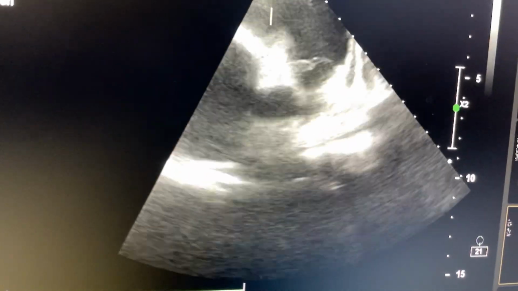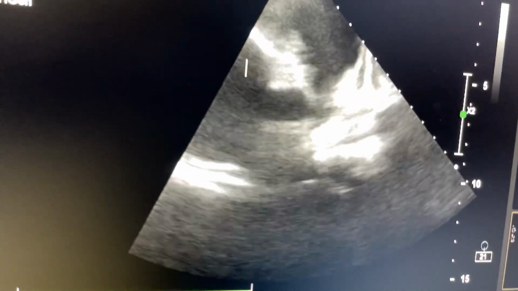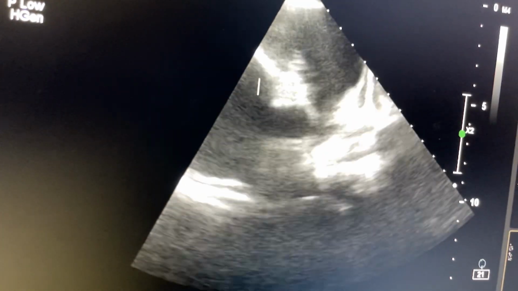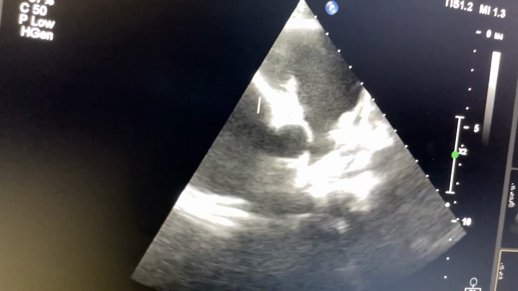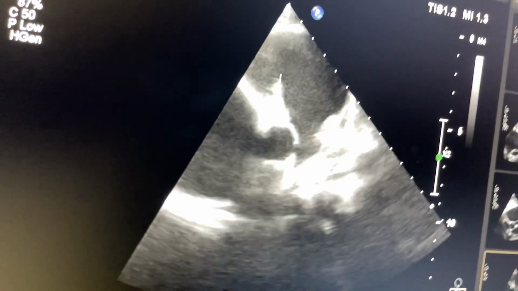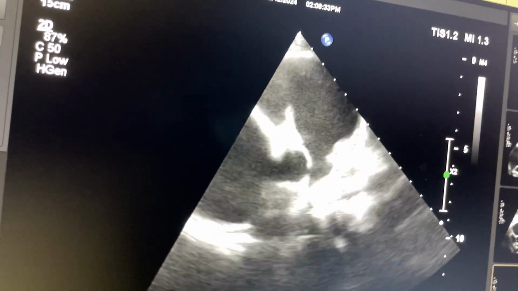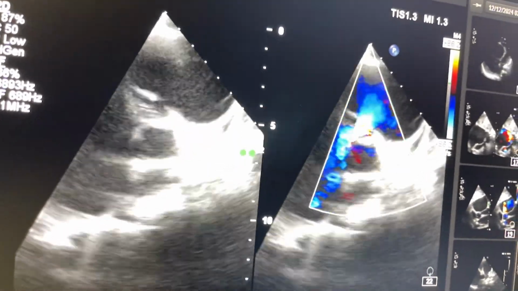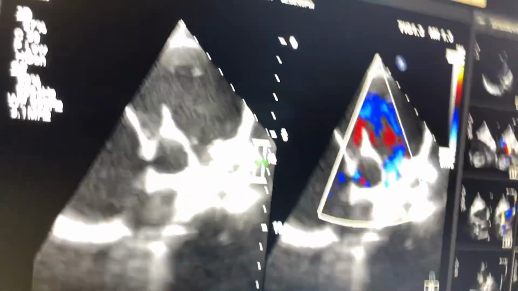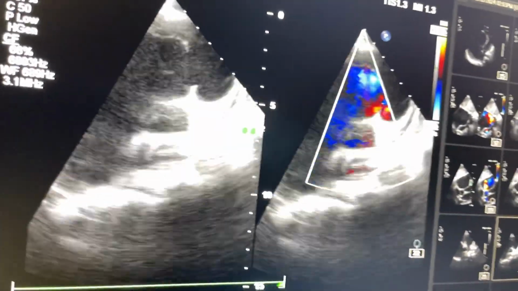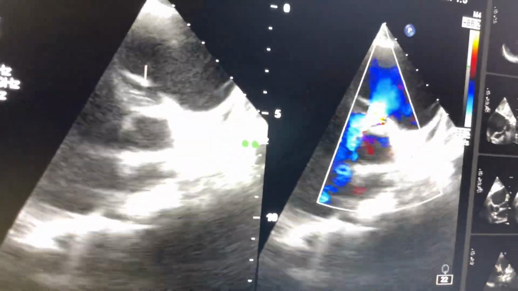So in this case, this is tricuspid valve, this is pulmonary valve, and this position, in case of normal relationship, would be the position of the real tricuspid valve, but in this case this is the position of tricuspid valve because of the displacement of tricuspid valve. So this is pulmonary valve, and this is tricuspid valve.